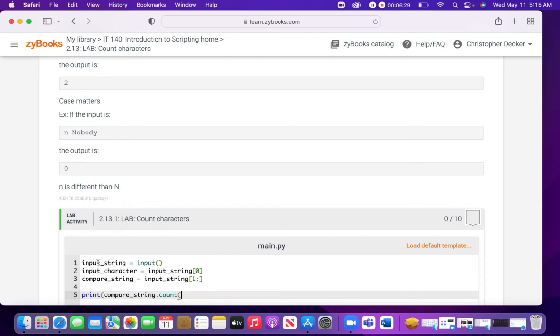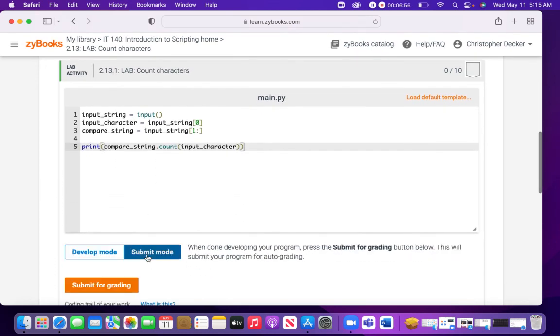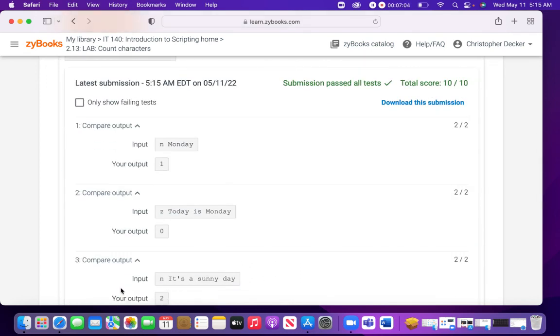That's where we established the character, and we just want to know what the count is for that character and how many times it shows up. So input character, double close. I think I got it. Yep, there we go, 10 out of 10. Hope that helps this week.